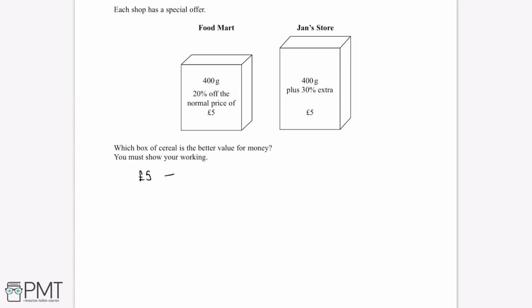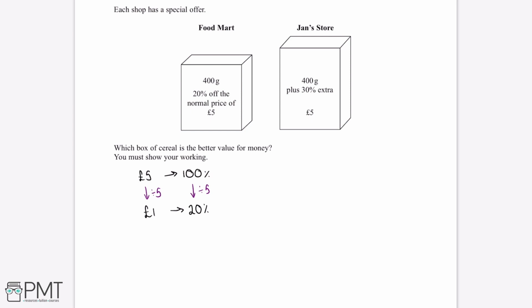So if £5 is 100% of the price, and we want to work out 20%, then in order to get from 100 to 20, we would divide by 5. So we can do the same to the price. And £5 divided by 5 is £1. So therefore 20% of £5 is £1.